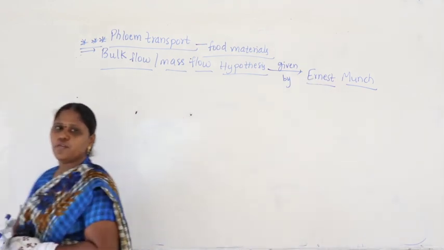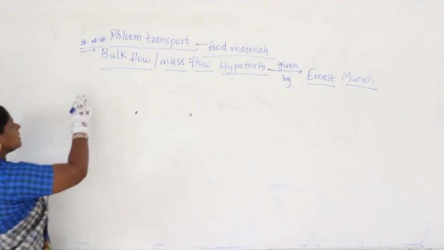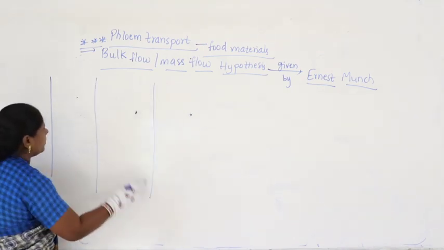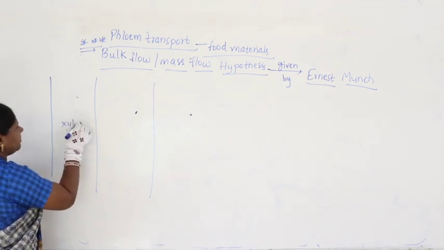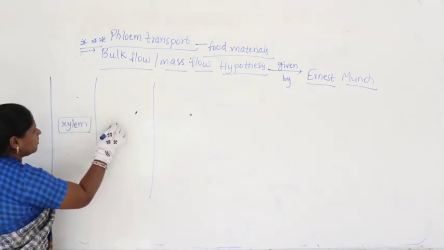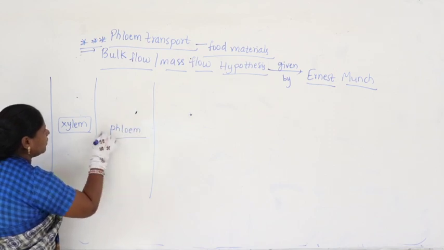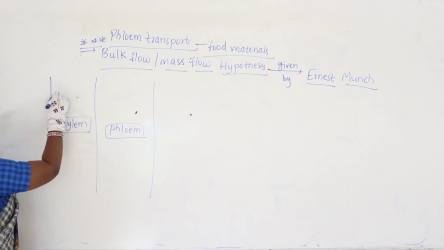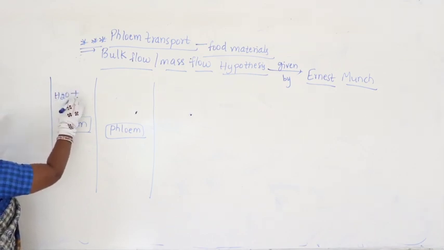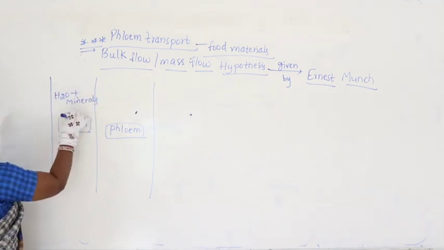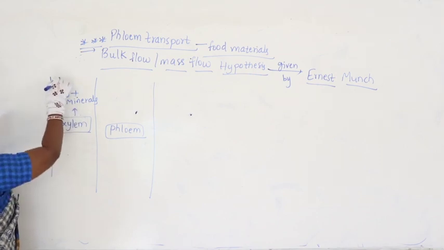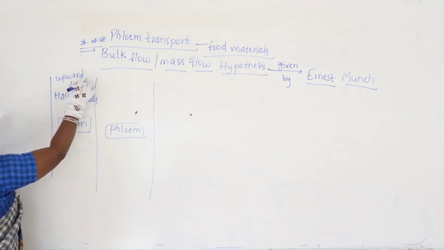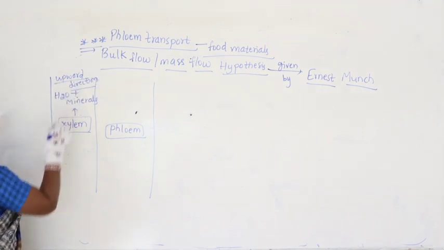So, when you look at the phloem here, let us take what I am drawing. This is xylem and this is phloem. So, here I write xylem. What are the things we have discussed so far about xylem and phloem? In case of xylem, what gets transported? It is involved in conduction of water and minerals, and that is upward transport.